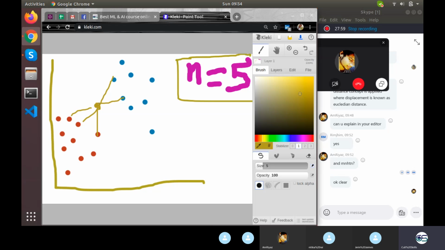So there is a point which is closer to these 5 points. This point gives the score 3 to red and 2 to blue. That means the red team has won. So this point is red, with confidence of 3 by 5, which is 60%. So this point is red and my model is 60% sure about it.